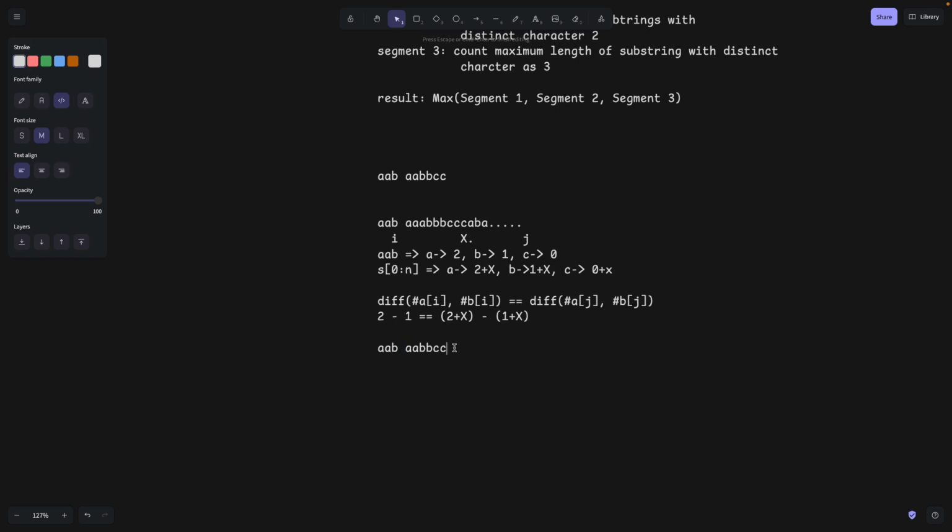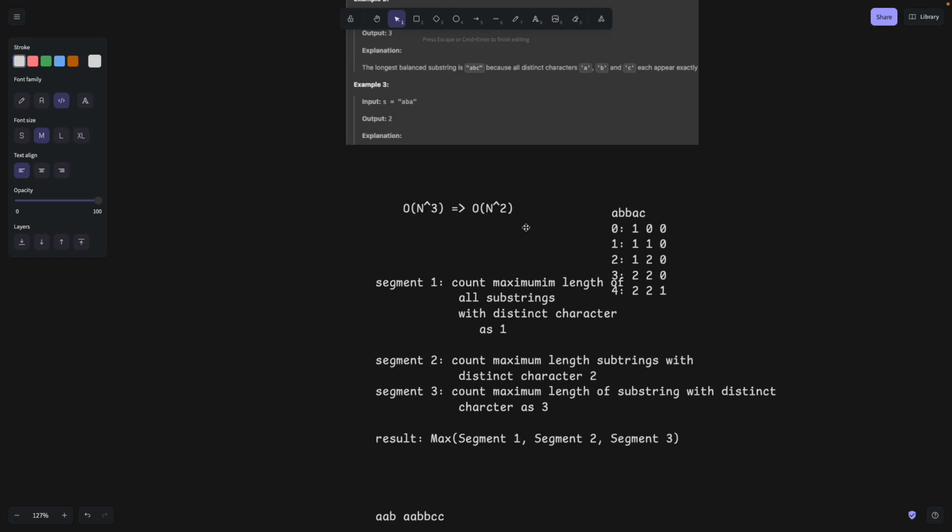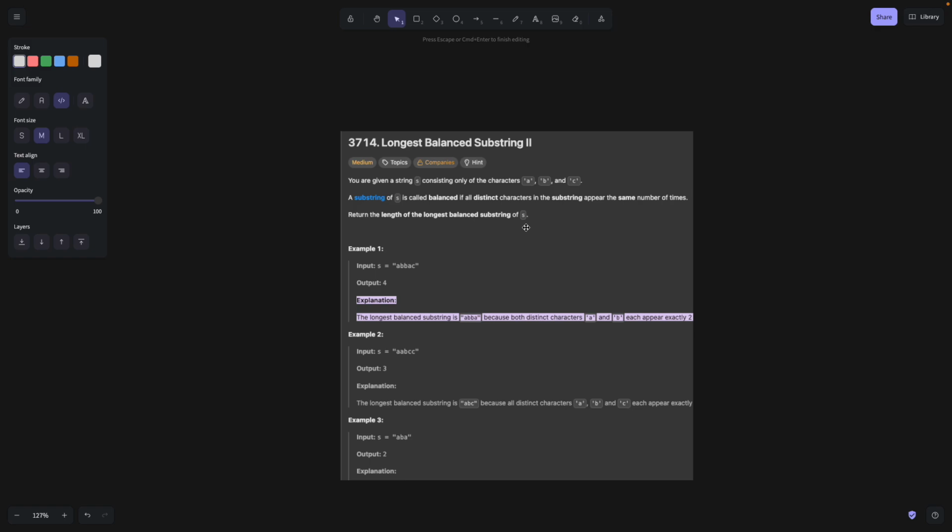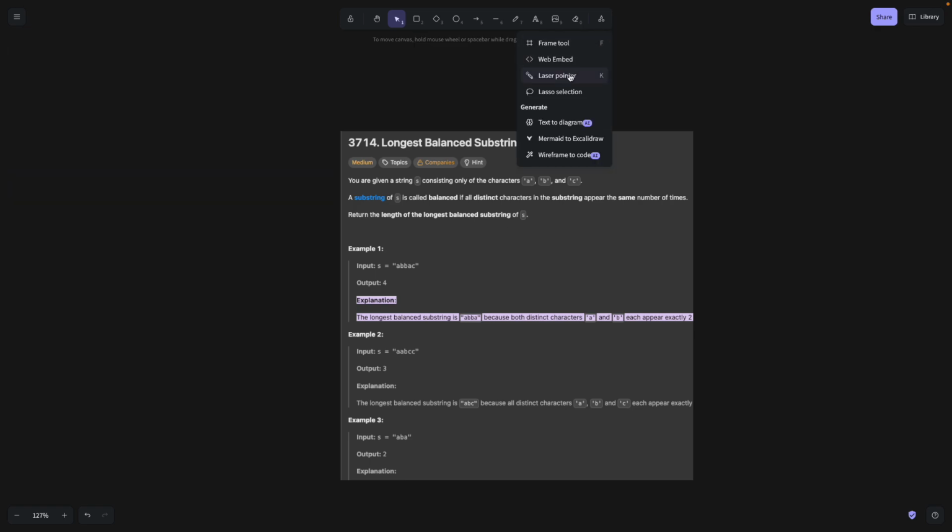So let's take this example for now: A, B, B, A, C. Here if you start from A, since it is A, you'll increment it by 1, and when the next is B, you'll decrement it by 1.